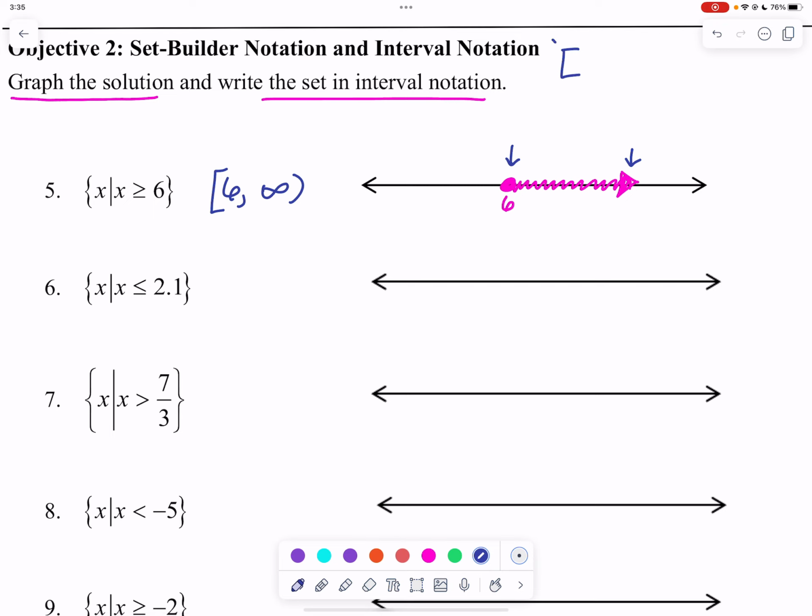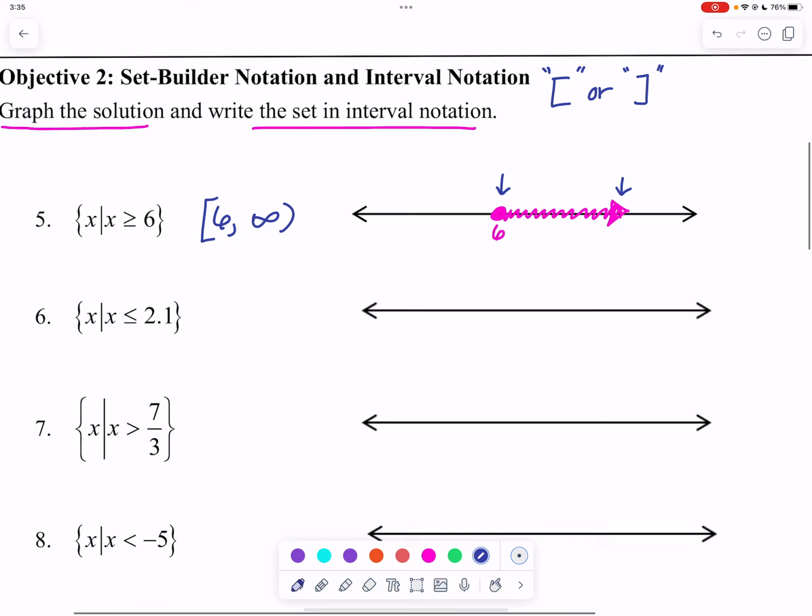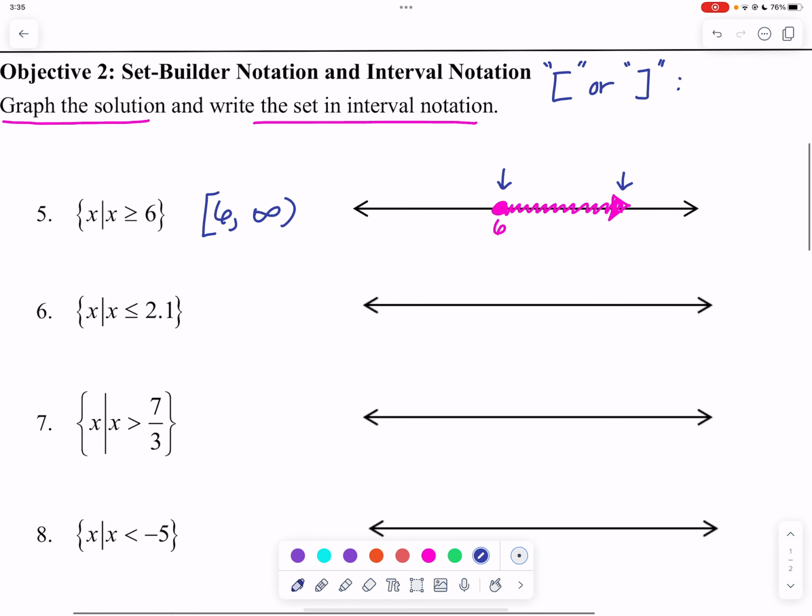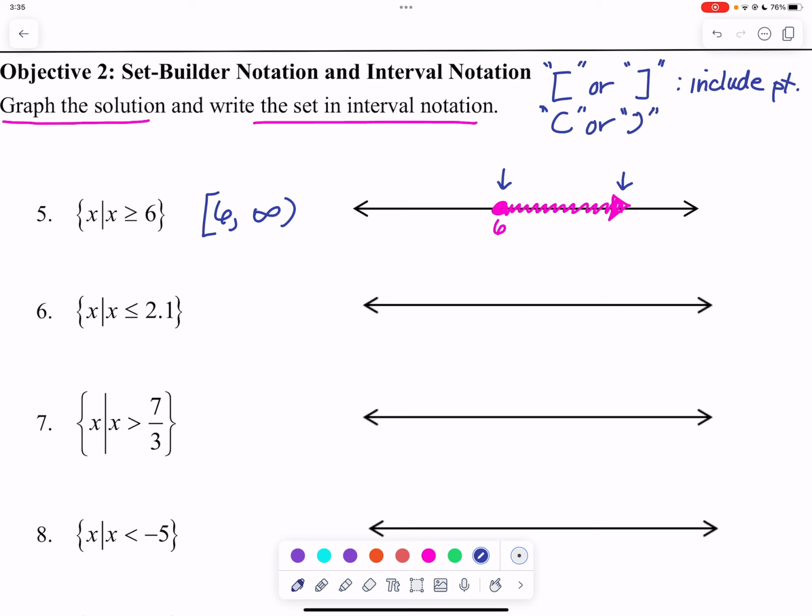So when using either one of these brackets, we want to include the point in the set. If we use open parentheses or close parentheses, we want to exclude the point. Let me make these a little bit nicer. So that would be open or close.